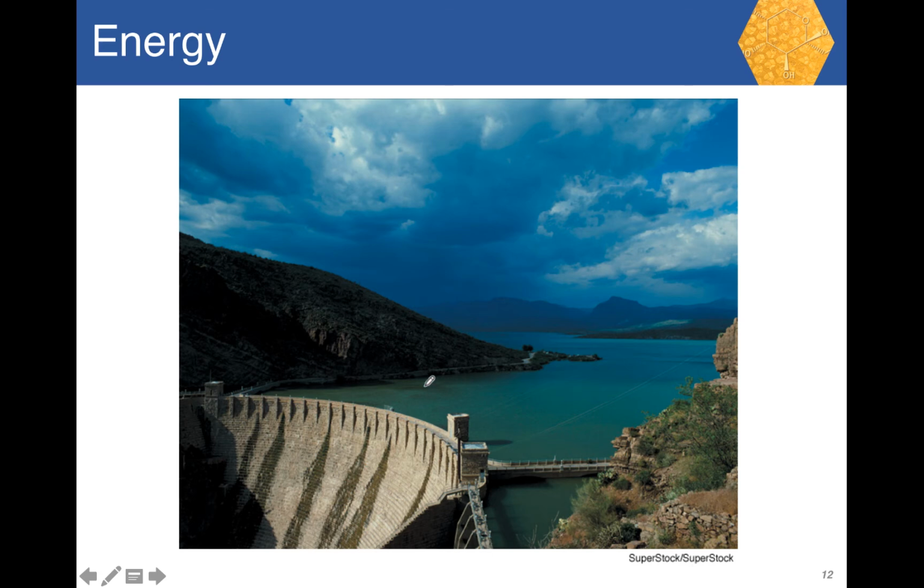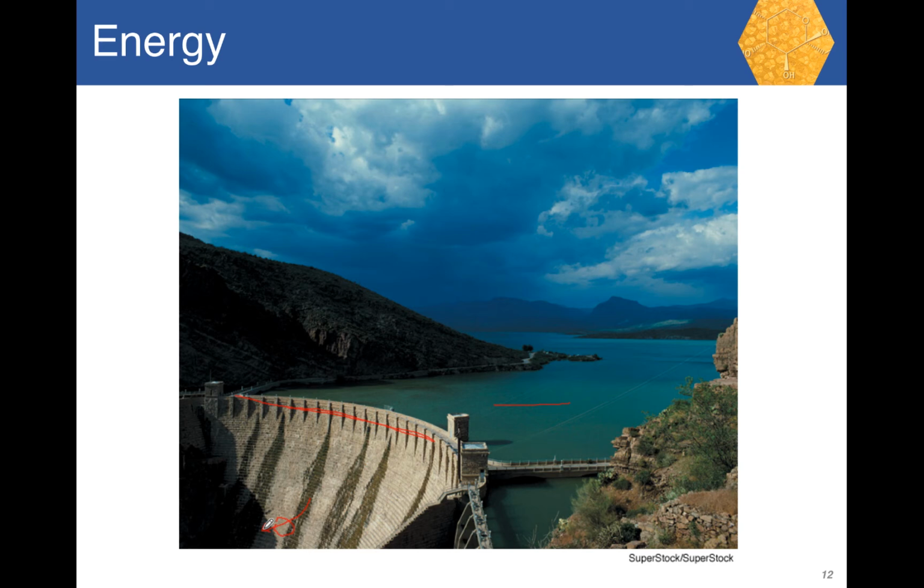Let's look here at this example. This is a dam. As you can see, it's protected here by this wall, and there's a lot of water on top here, but it is not moving. The energy is stored. Once you open the valve of the dam down here and the water starts coming out, that's energy in motion, kinetic energy.